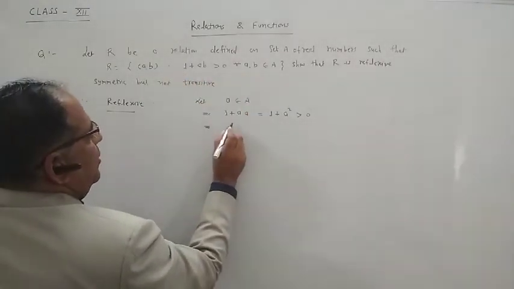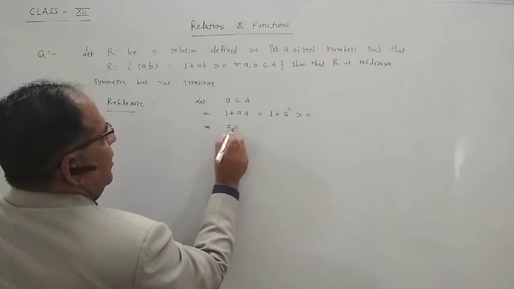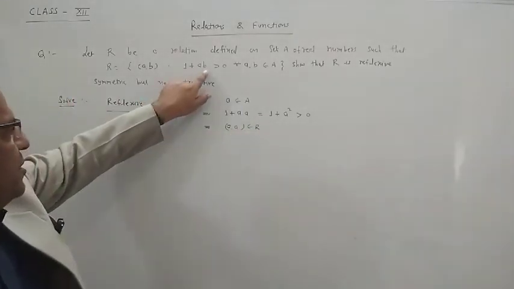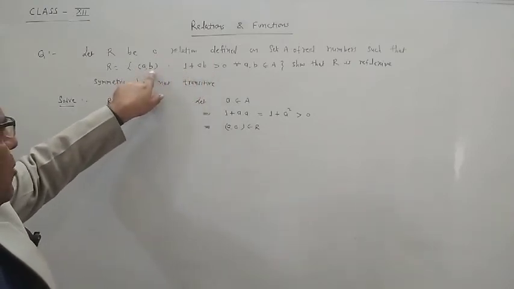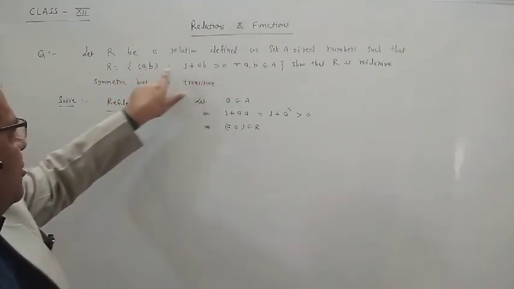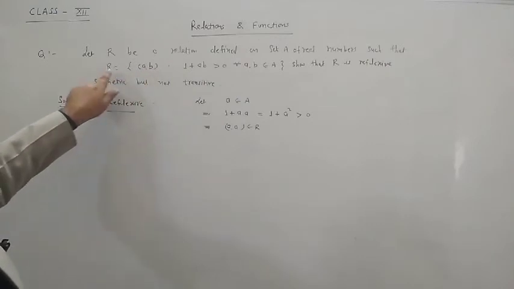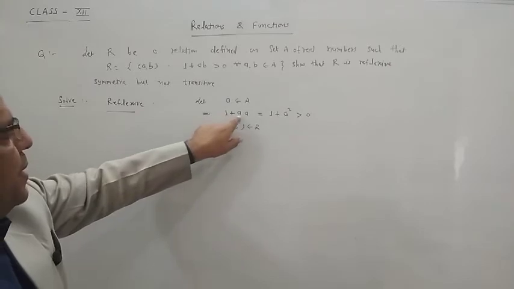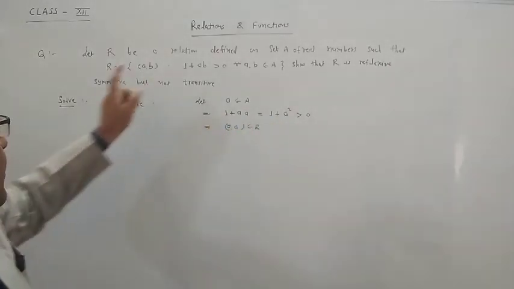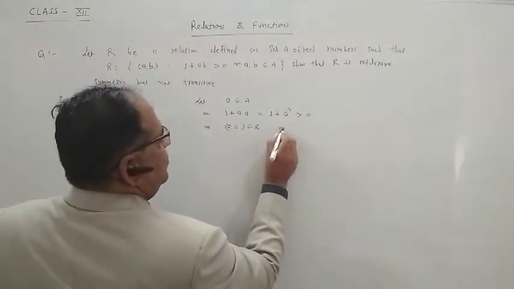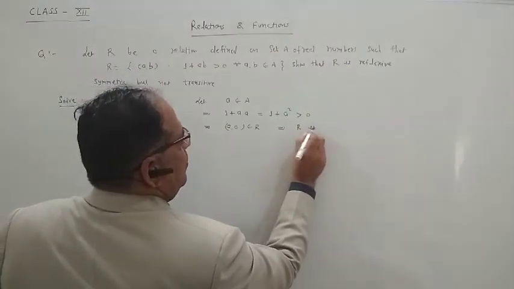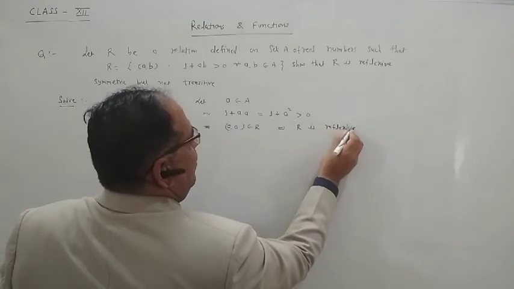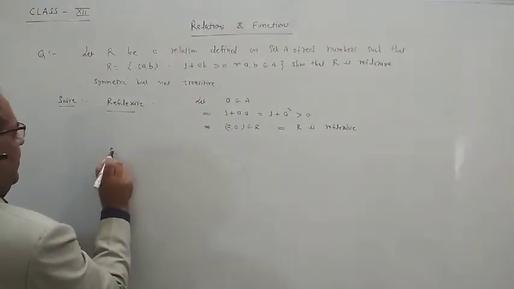So we can write (a, a) belongs to R, because according to this condition, if a and b are two elements satisfying this condition, then this pair will be an element of R. Similarly, a and a are two elements satisfying this condition, so (a, a) is an element of R. This implies that R is reflexive.